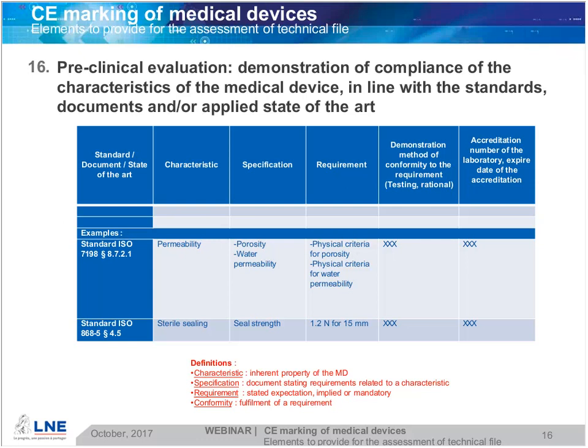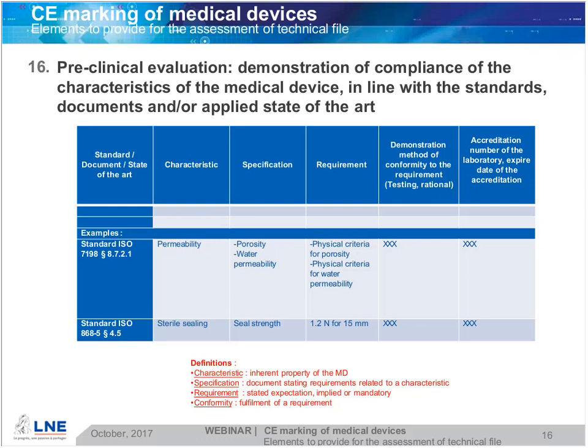I just put 2 examples in order to express the meaning of the table. For example, the standard ISO 7198, the characteristic permeability is a requirement. So we need to get the specification regarding porosity and water permeability.